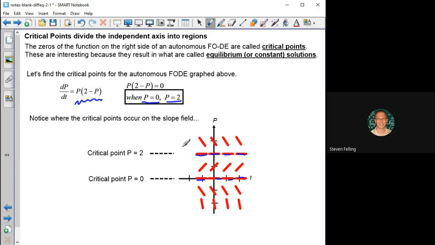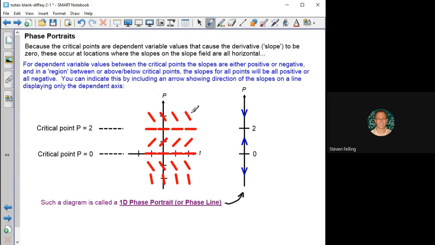But what happens near those values is that they divide the dependent variable into regions, split at 2 and at 0. If we just look at the region between the two, for any p that we choose in here, the slope would always be positive. It's 0 here and it's 0 here. And then on the other side of this critical point boundary, the slope becomes negative.